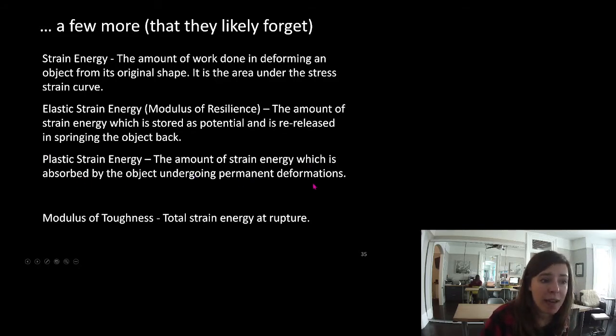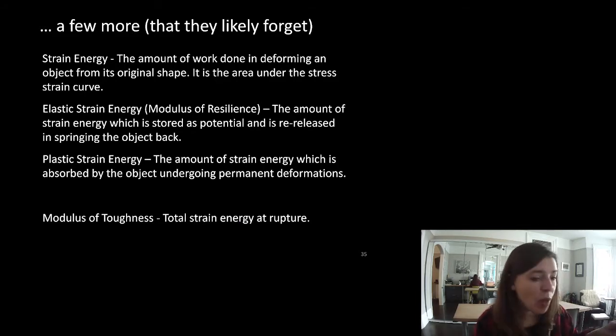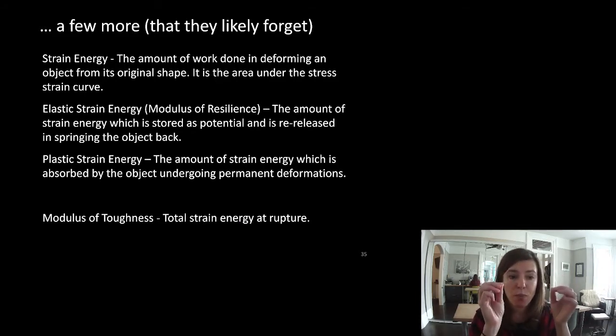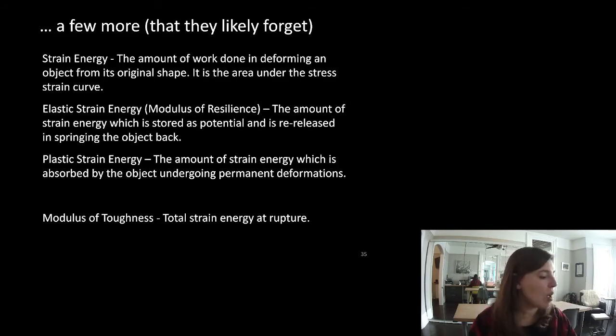This is the one that all of the seismic focused engineers really like. Modulus of toughness, the total strain energy at rupture. So what's the total amount of energy that's gone into this? How much energy was absorbed by this paperclip before its ultimate failure?